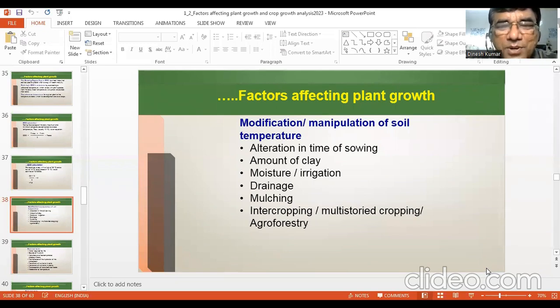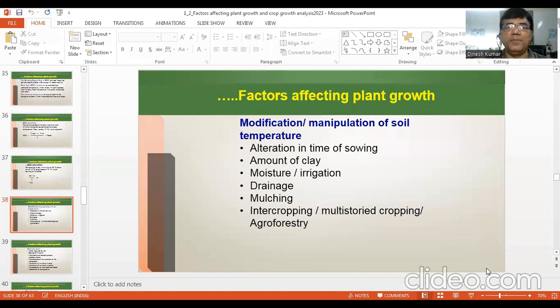Mulching also modifies temperature. It optimizes temperature. It can increase the lower temperature to high and higher to low. So it has very good effect on soil temperature. Similarly, we can manipulate the temperature by intercropping. Certain shade-loving plants can be grown under the shade, in agroforestry system or multi-storied cropping system.